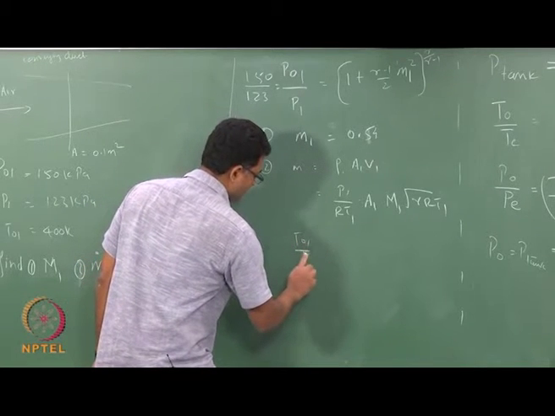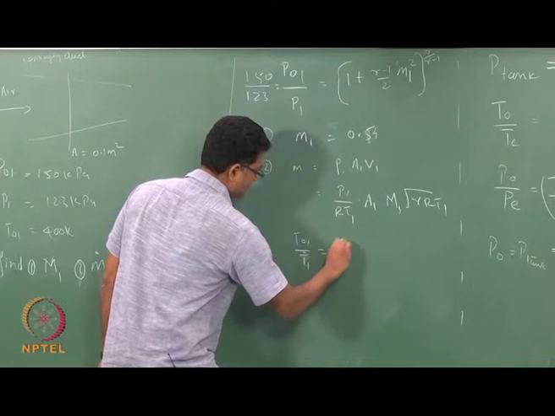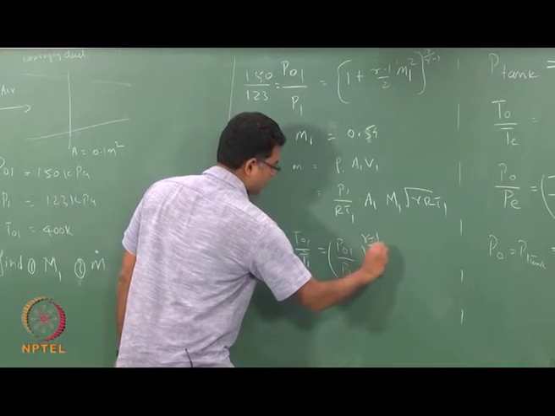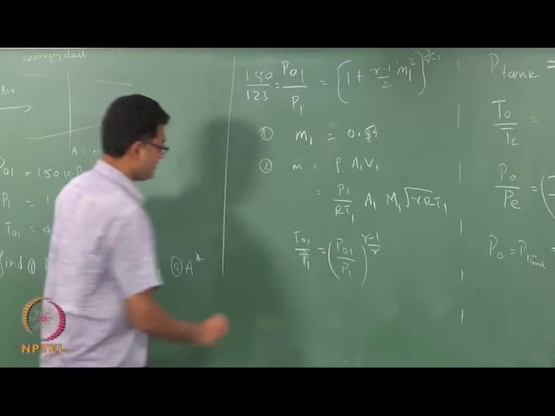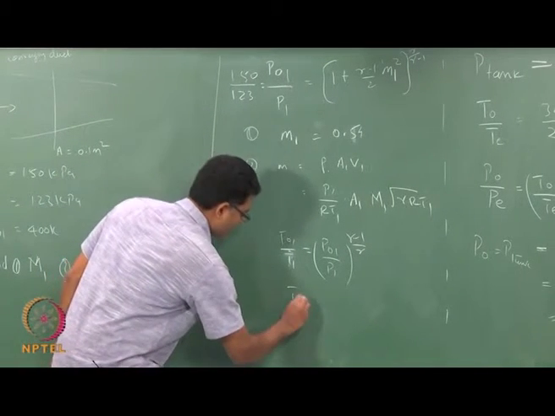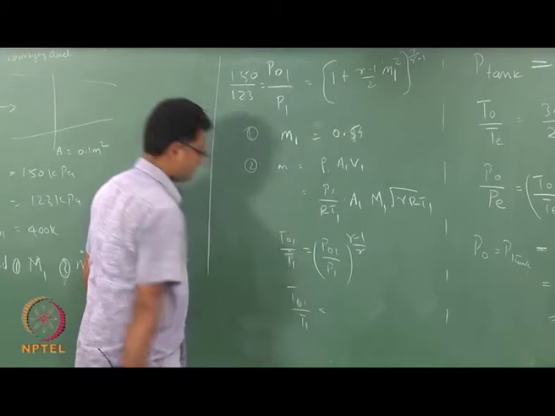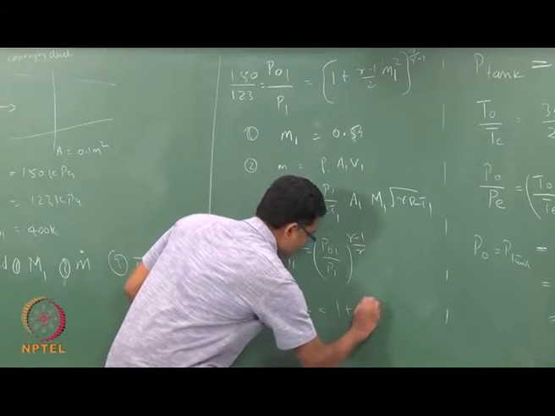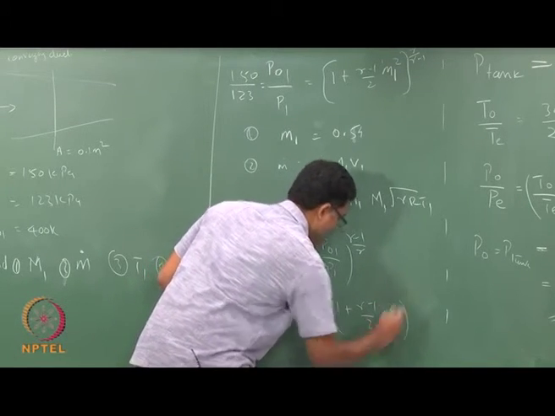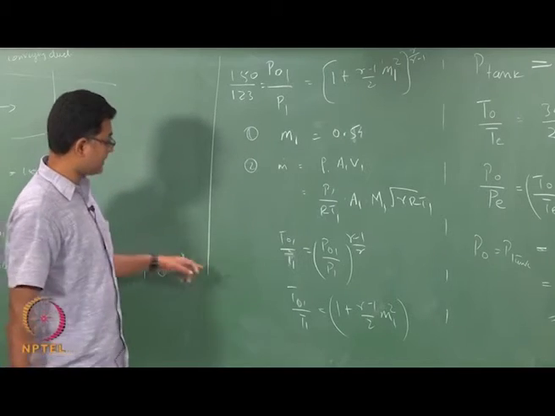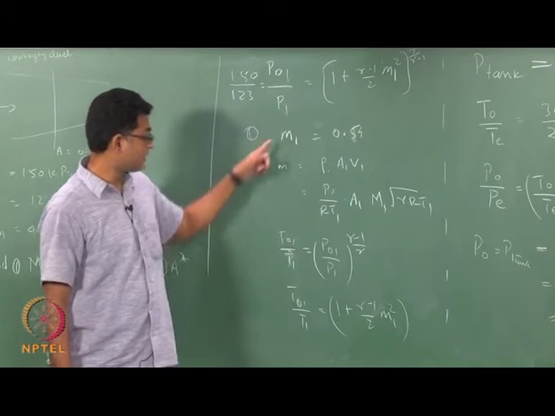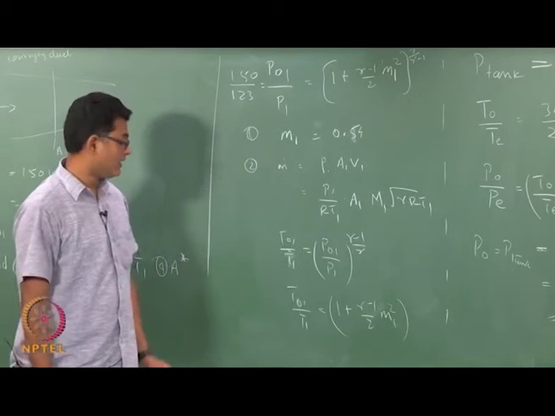T1 and P1 are related using gamma minus 1 by gamma. So, I can find T1, or since I know the Mach number, I can get it from this relation. Since I already know the Mach number at section 1, I can use this relation or that relation, both are the same relation.